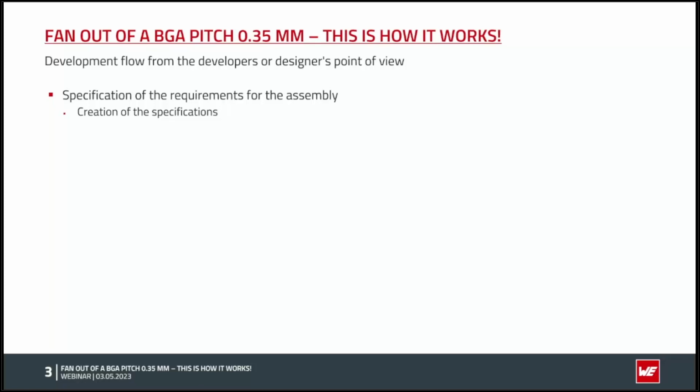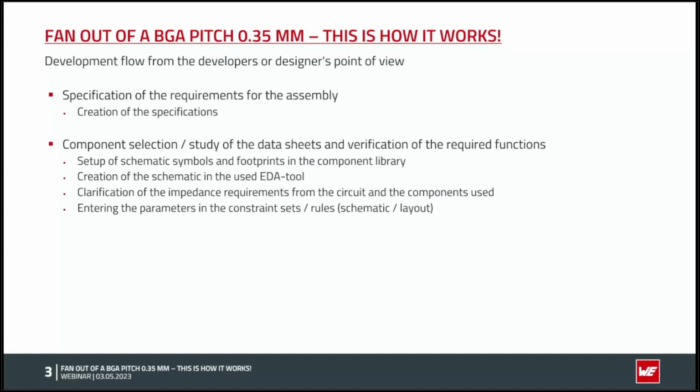After the components are selected, you need to set them up in the component library for your EDA tool. And the third step is to create the circuit diagram, the schematic itself, and you need also to fill in constraints, rule sets such as track widths, differential pairs, amperes, voltage, distances, such things.